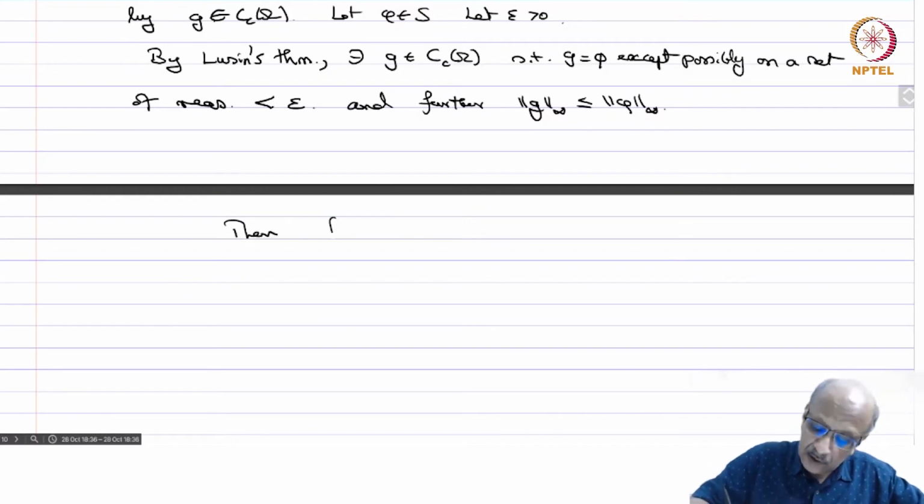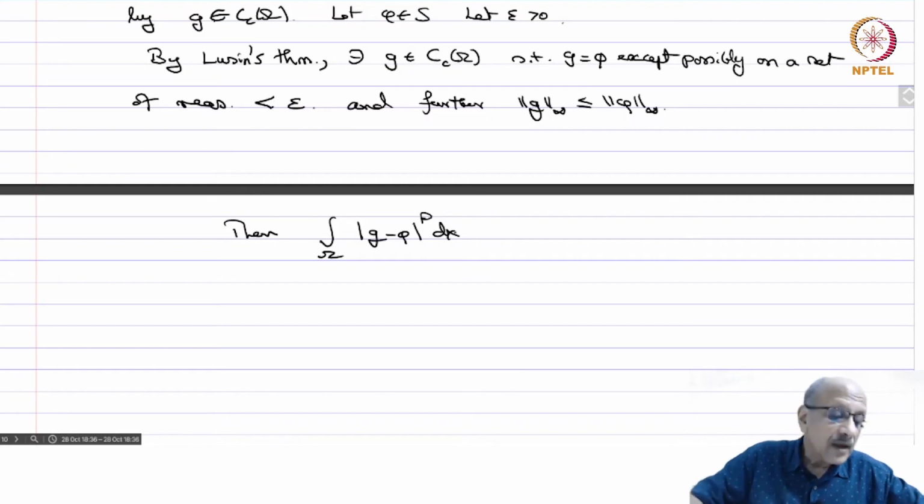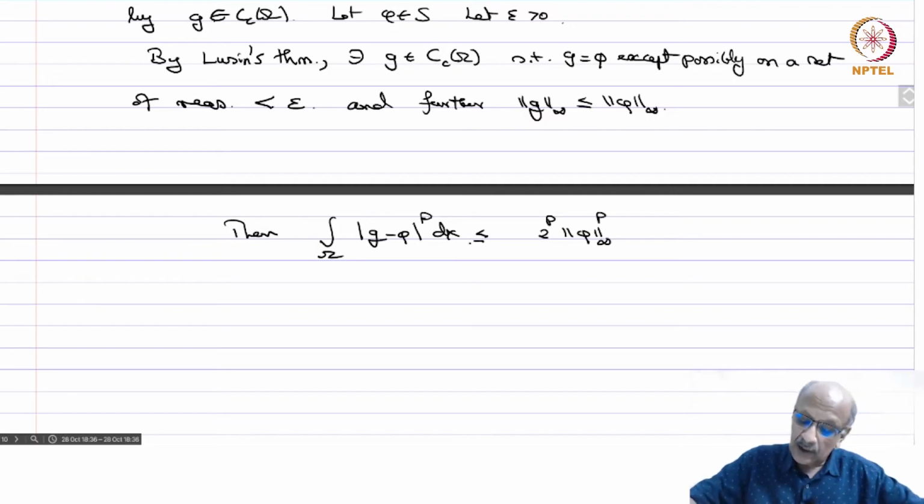You have the integral on omega of |G minus phi| to the power p dx. What is it? It is less than or equal to, since norm G is less than or equal to norm phi, 2 to the power p norm phi infinity to the power p, that will all come out.